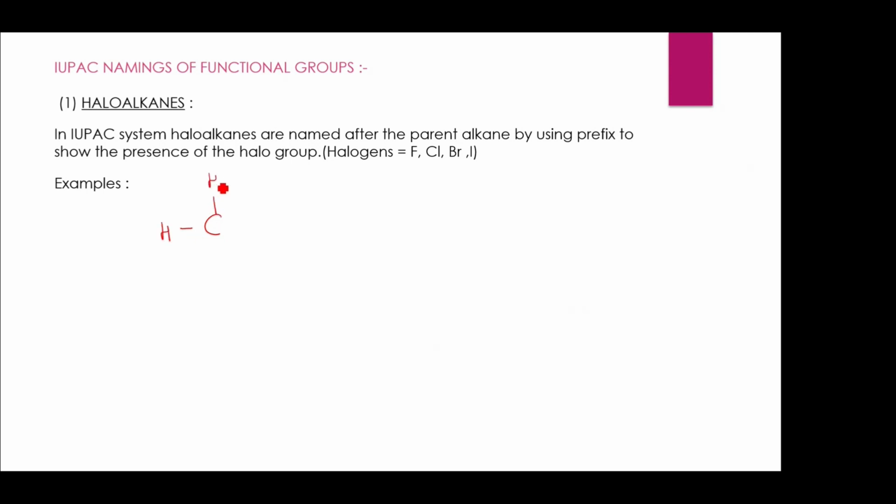C H H C H Cl H. So here since we have two carbon, the word root is eth, and the side chain, that is the chlorine, is present here. So chlorine, we can say it's a functional group. So the IUPAC name for this compound is chloroethane.